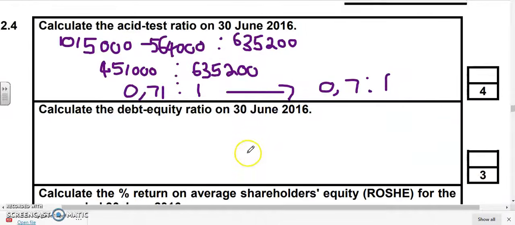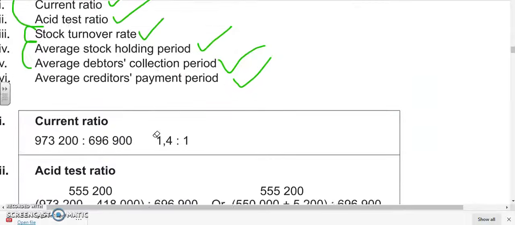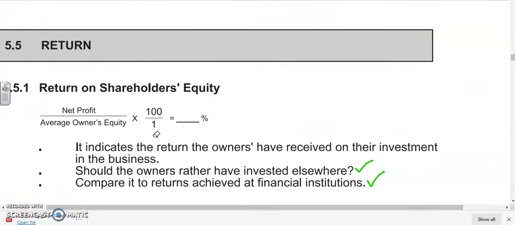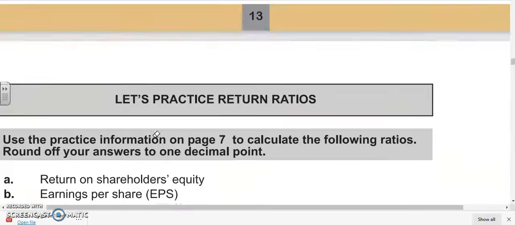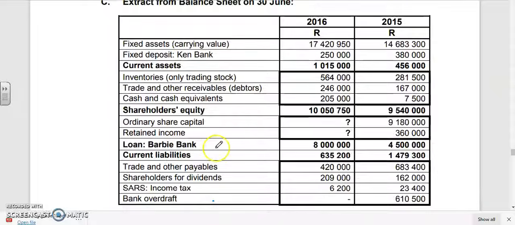Let's quickly do the debt equity ratio. It falls under our gearing ratios or financial risk ratios. Debt equity is non-current liabilities to shareholders equity. Non-current liabilities, most of the time guys, is your loan.